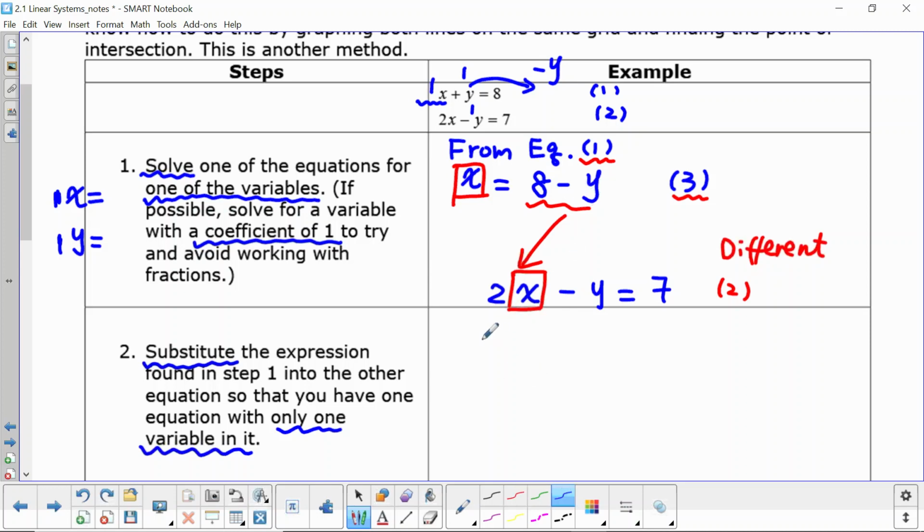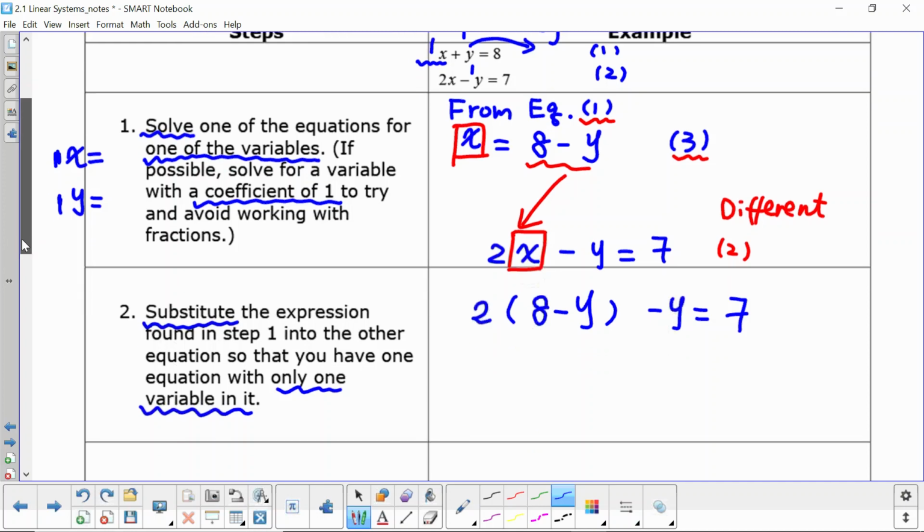What it means is 2, then the x will be gone. We are going to use an equivalent to replace this x. This is called substitution. Substitute 8 minus y for x. Then we copy the other parts down for that equation.